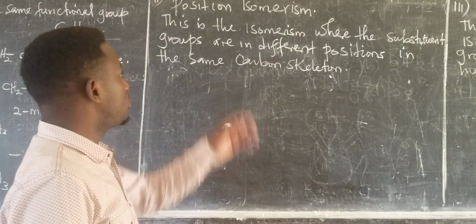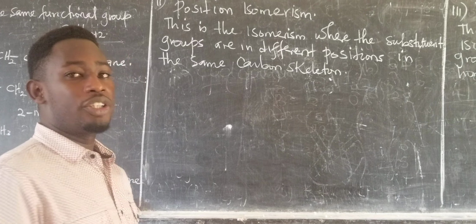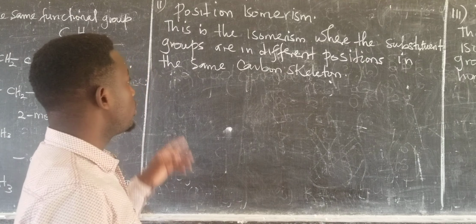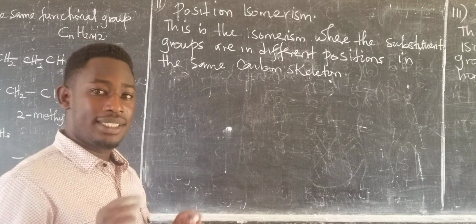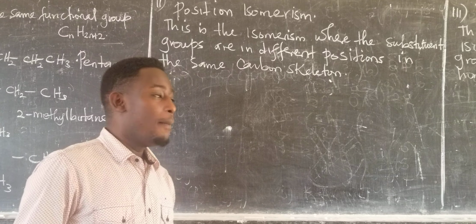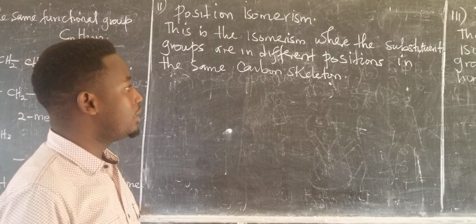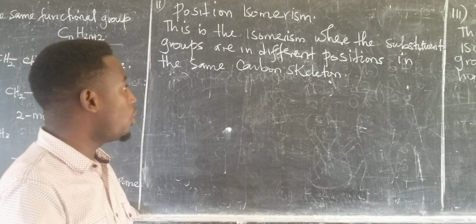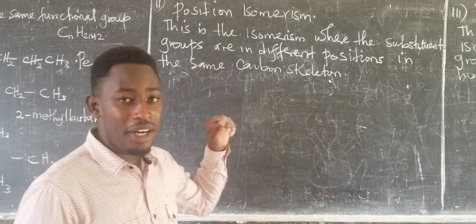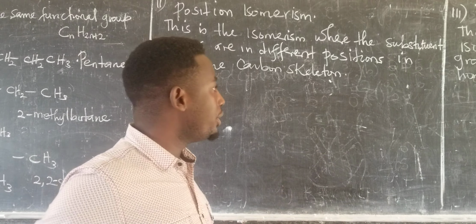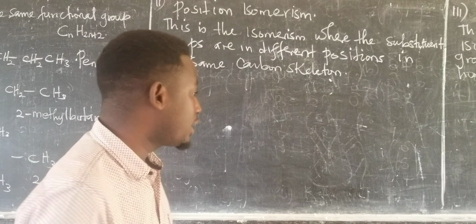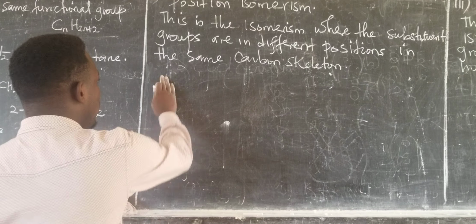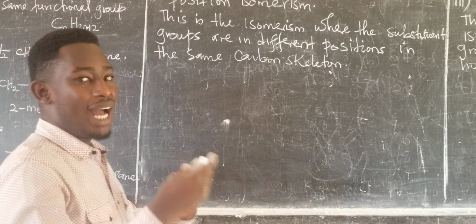Okay, now let's look at the second structural isomerism, which we are calling position isomerism. We are saying in this case, the molecular formula is the same, but the structural formula is different because of the position of the substituent groups or the position of the functional groups on the carbon skeleton. In this case, I'm going to use an example of maybe an alcohol.